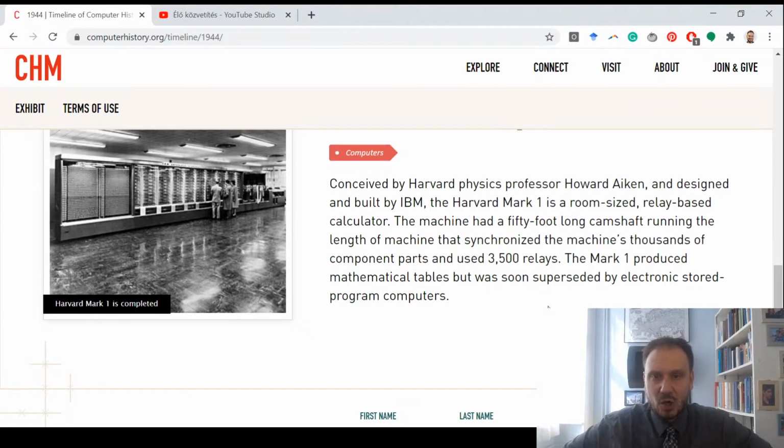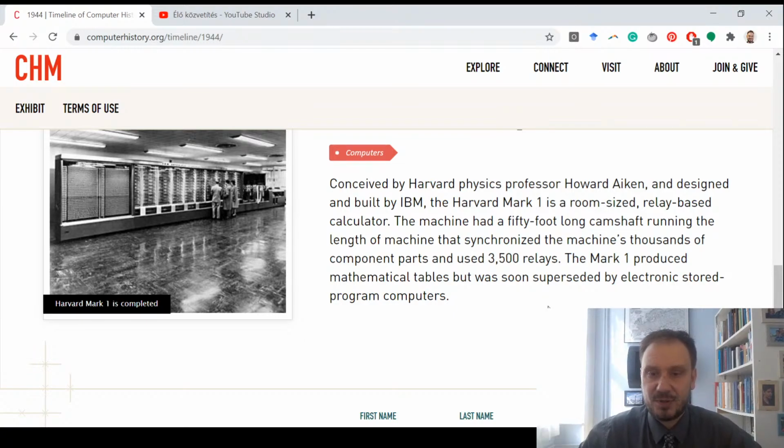Conceived by Harvard physics professor Howard Aiken, designed and built by IBM, the Harvard Mark I was one of the huge computers. It was room-sized, relay-based, so it didn't have vacuum tubes. It still had relays.